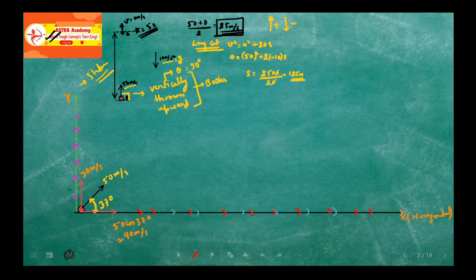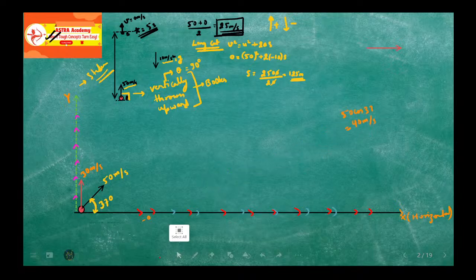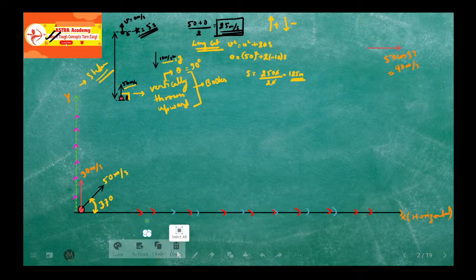Now if I ignore this 40 meter per second for some time, I will again put it back into its original place, but meanwhile just ignore it. Suppose this 40 meter per second doesn't exist.